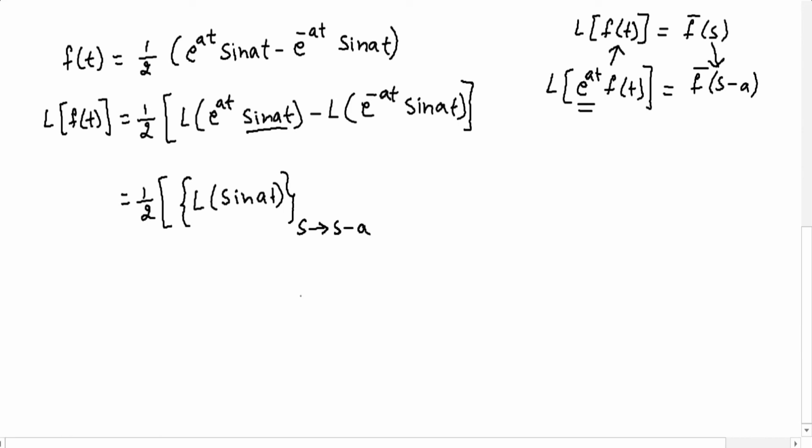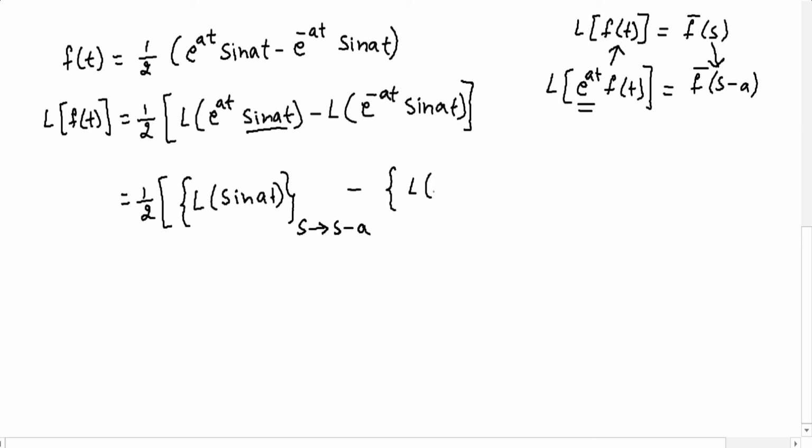So I'm just trying to do this problem directly. Just to reduce the number of steps, you can use this method. Just leave this e power of at and write down the Laplace transform of sine at. So this e power of at will be converted to s being shifted to s minus a, minus. Here also I will be doing the same process.